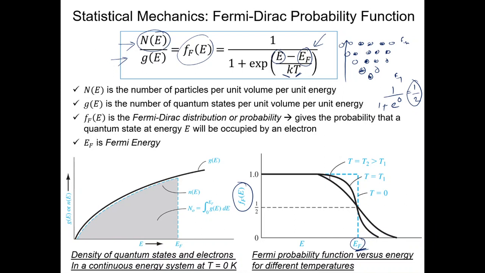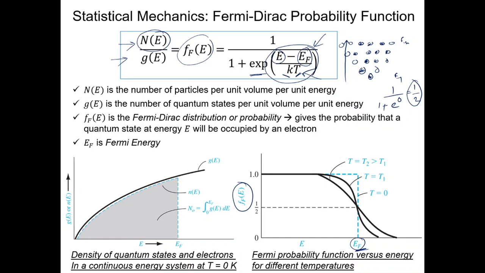However, when T equals 0, EF can also be seen in this way: if we put T equals 0 here, this function will become minus or plus infinity depending on the value of E and EF. So if E minus EF is greater than 0, then this becomes exponential of infinity, which means the whole function becomes 0.